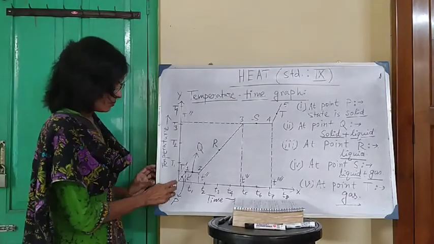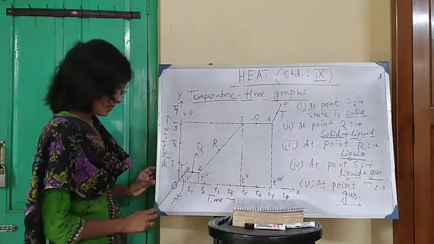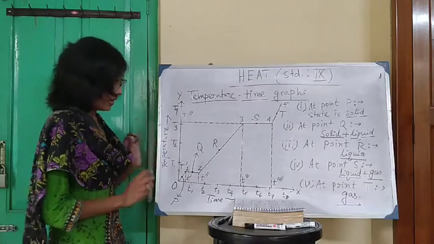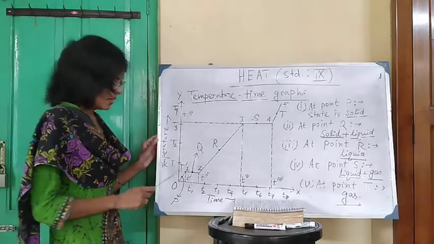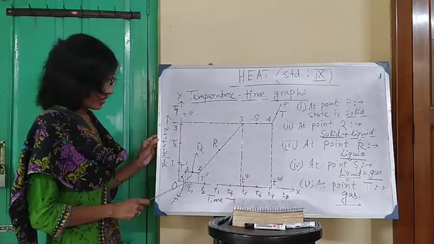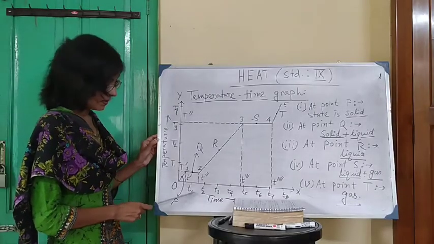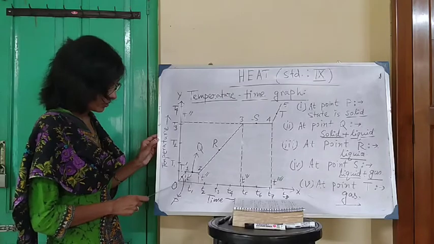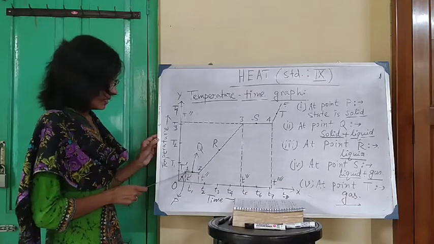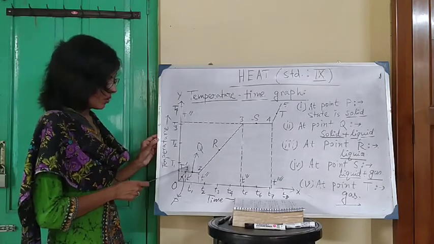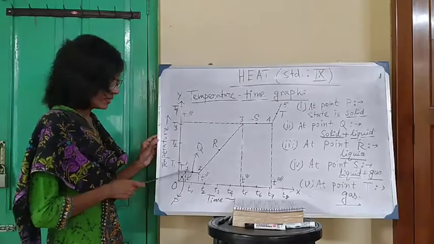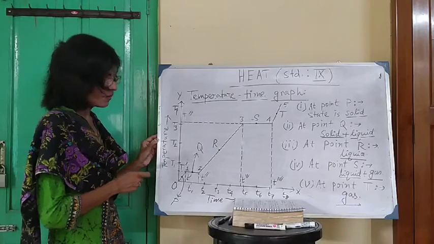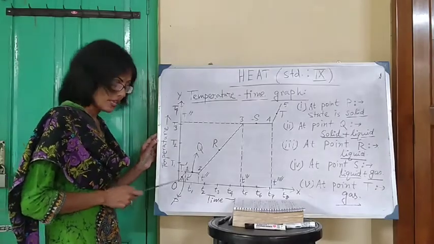This inclined line represents the solid form of the matter. At a particular instant of time, t prime, the solid reaches point 1, and the corresponding temperature is big T prime.